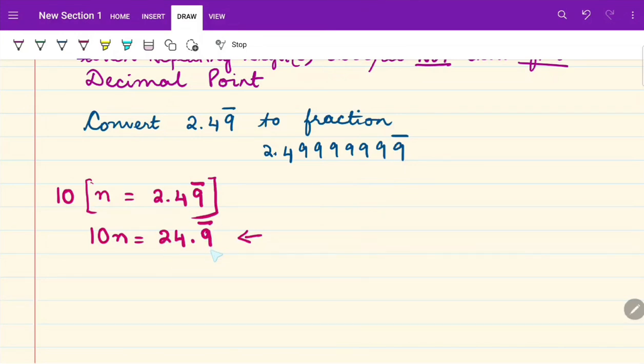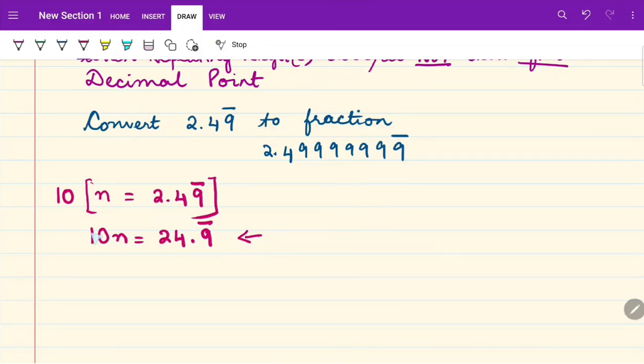So now that we have the repeating part immediately after the decimal point, we're going to follow the same process. We are going to get rid of the decimal part of this value.